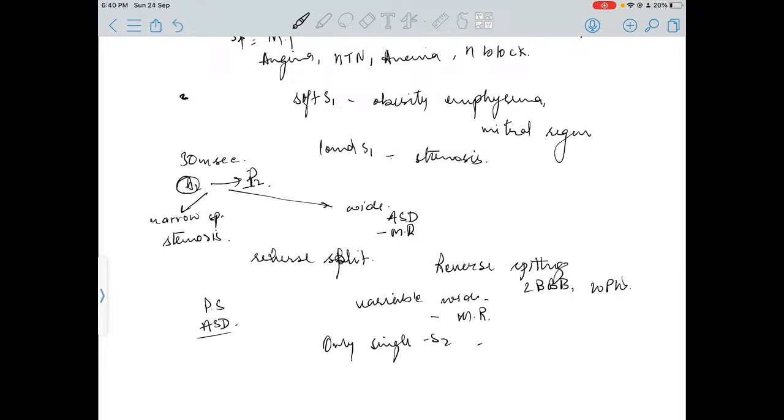Mitral area is at the mid clavicular line, fifth intercostal space. Here are the tricuspid area, S2 splitting area, mitral area, tricuspid area. These are the places where you can hear the heart sounds.